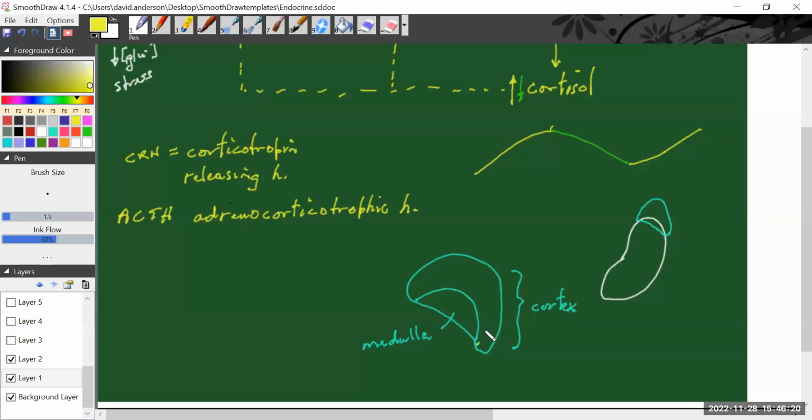So we're going to make one zone separate from another one. So this outermost zone is made up of a group of hormones that are called the mineralocorticoids.